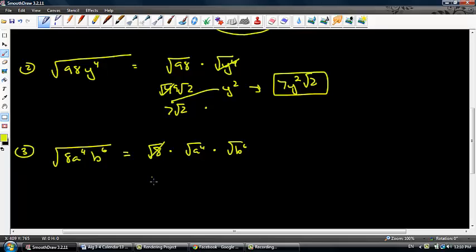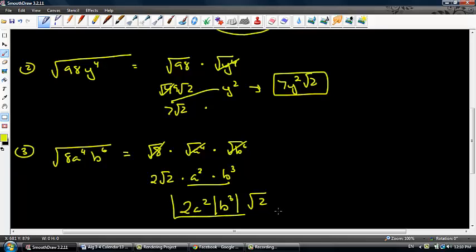The square root of 8 is 2 rad 2. The square root of a to the fourth is a squared, and the square root of b to the sixth is b to the third. Now, we're going to rearrange this because these are on the outside now, so I get 2a squared times the absolute value of b to the third, and the rad 2 stays on the inside, and that's as far as I go.